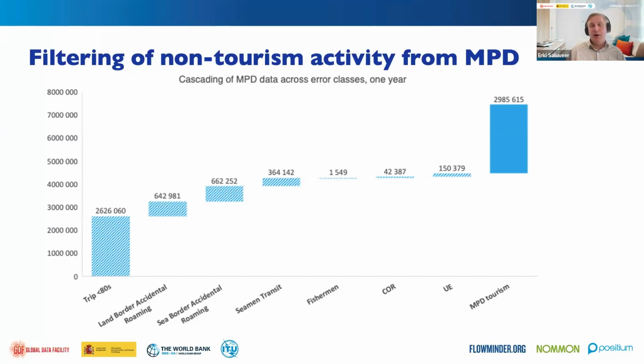So a good representation, again, of how the size of the data goes smaller and smaller the more steps you go through. And if you don't apply these methodologies and do just a simple count, you would know that there are 8 million tourist trips, but this is not correct because, as we can see, we had already cleaned them through these stages.